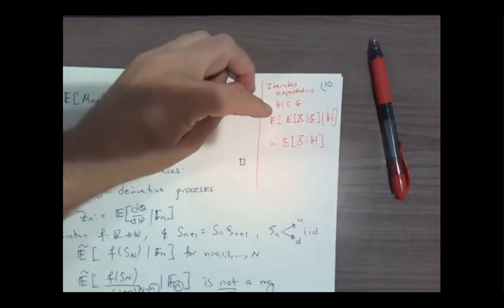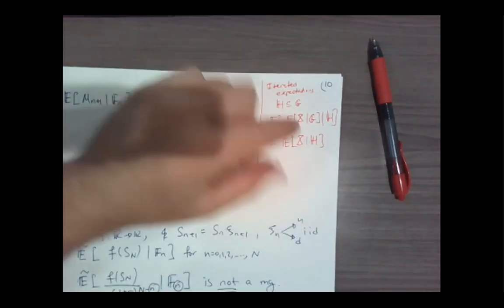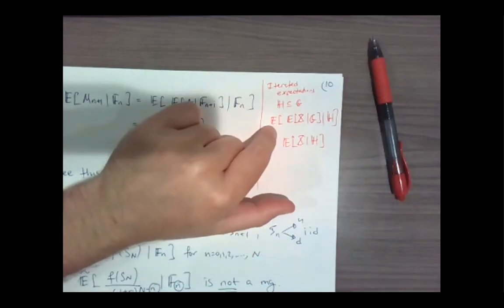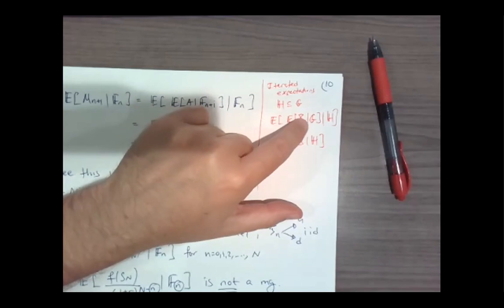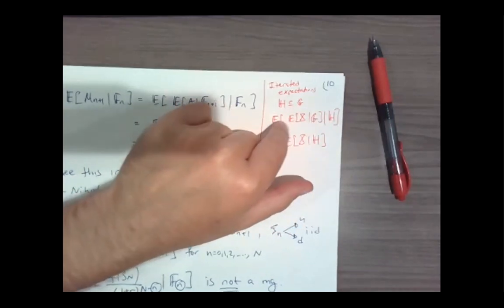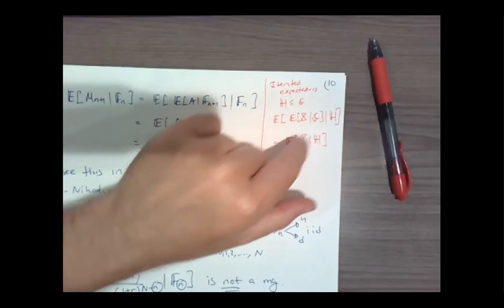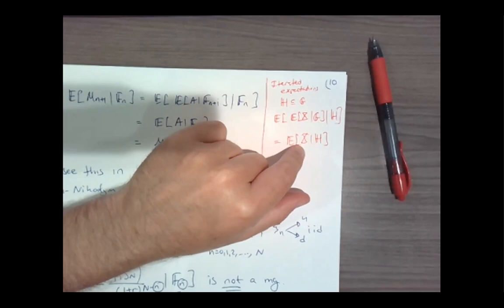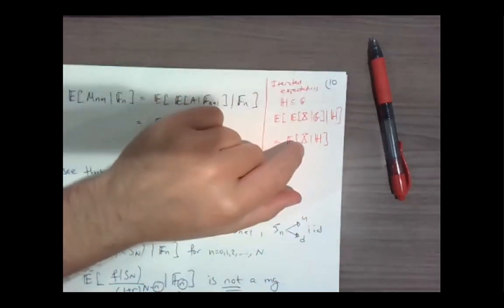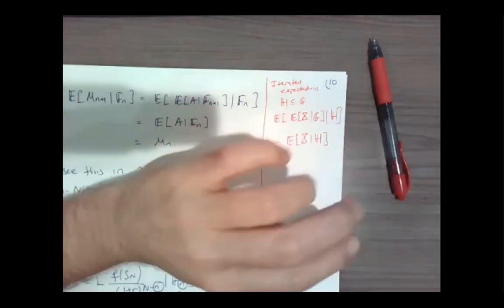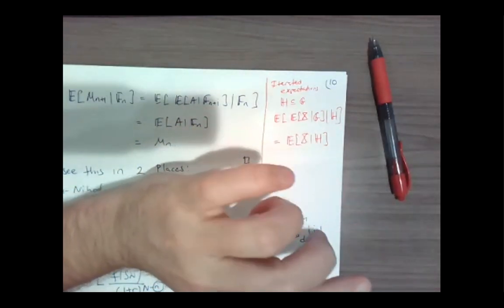So which one is biggest? G is bigger, right? So then if you look at what you have up here, this is going to be H measurable, whereas if you had a G here, this is going to be G measurable. So if you condition on H already, it doesn't make sense that it would be G measurable, which is bigger. That's right.